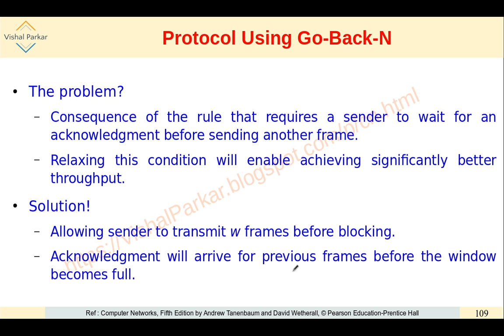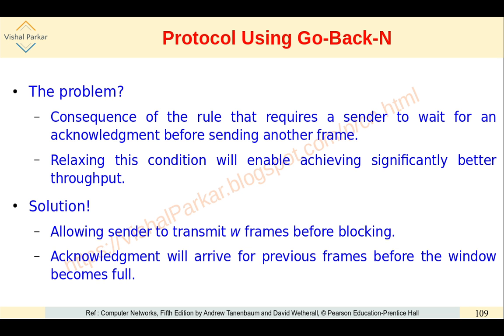Now, what is the problem? Here the problem was that the sender was not allowed to transmit the second frame or any other frame before the acknowledgement for the first frame was received. If you relax this condition, we may be able to achieve significantly better throughput.